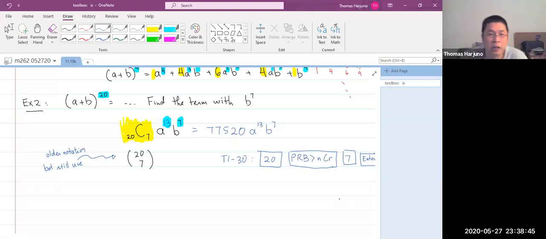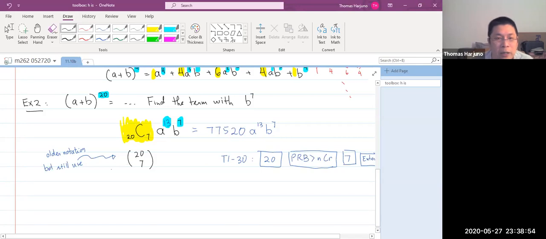Now, with you, I need to go a bit lower, to a more fundamental method. That is the definition of nCr, which is equal to n factorial over r factorial times (n minus r) factorial.